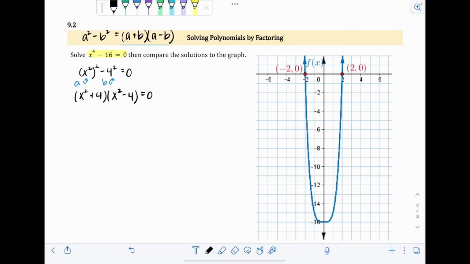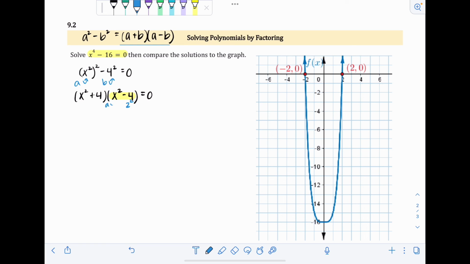This is why you always want to double check that you can't factor any further. Right here, this x squared minus 4 is another difference of squares. We can't factor a sum of squares anymore, so there's nothing we can do with the x squared plus 4, but the x squared minus 4, we can factor further because 4 is just 2 squared.